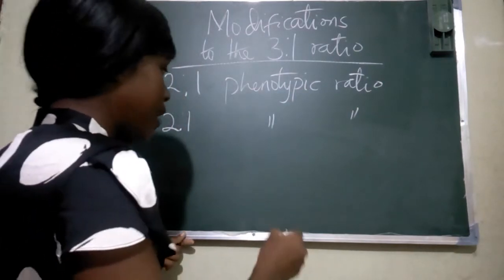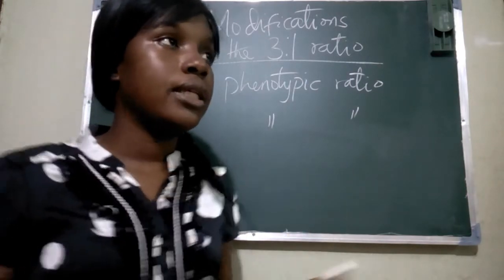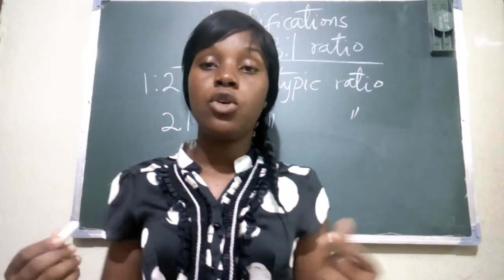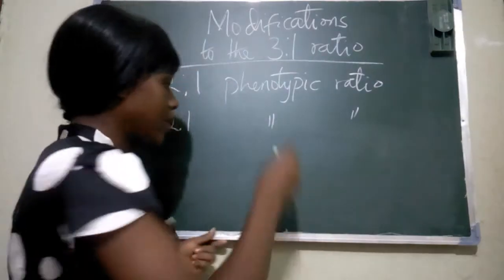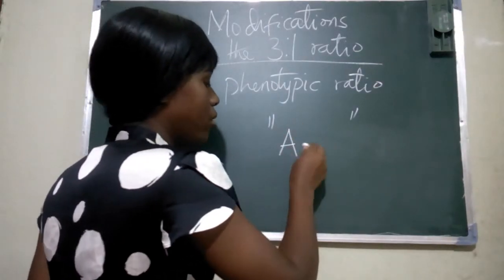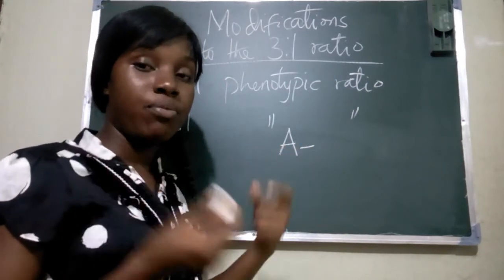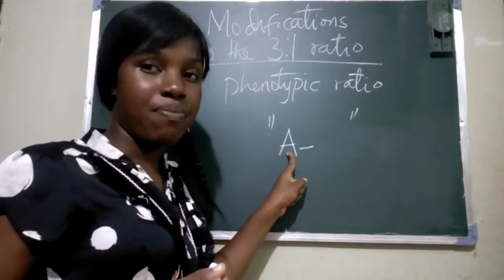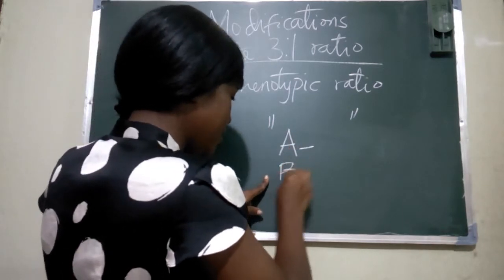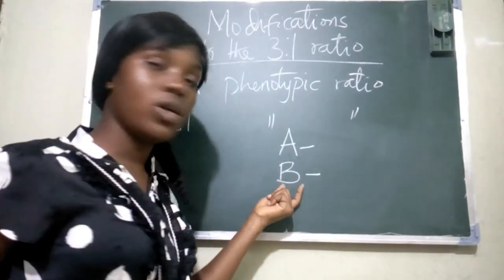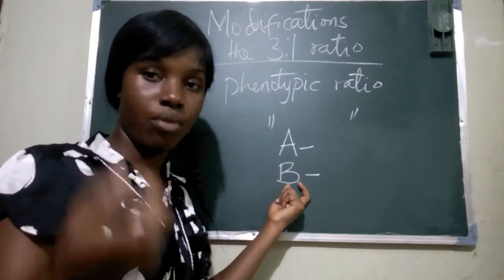For instance, in the ABO blood group system in humans, some individuals have the A-type blood, which shows that their red blood cells have the A-type antigens on their surface. We also have individuals with the B-type blood, that is, they have the B antigens on the surface of their red blood cells.